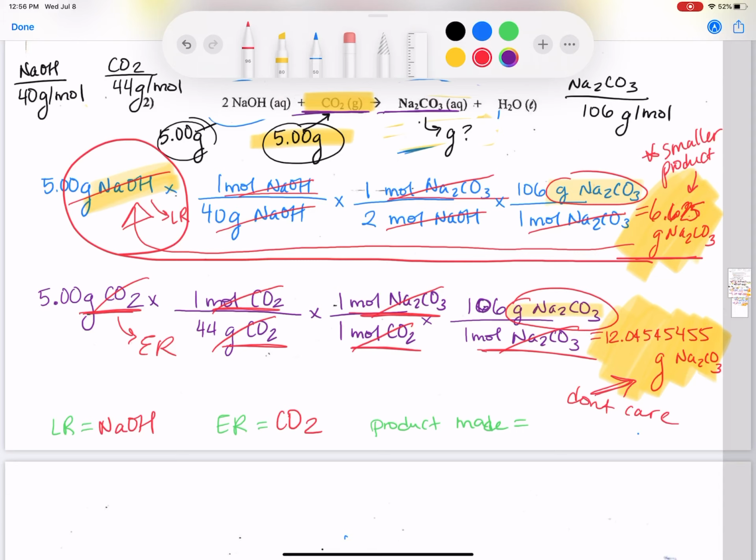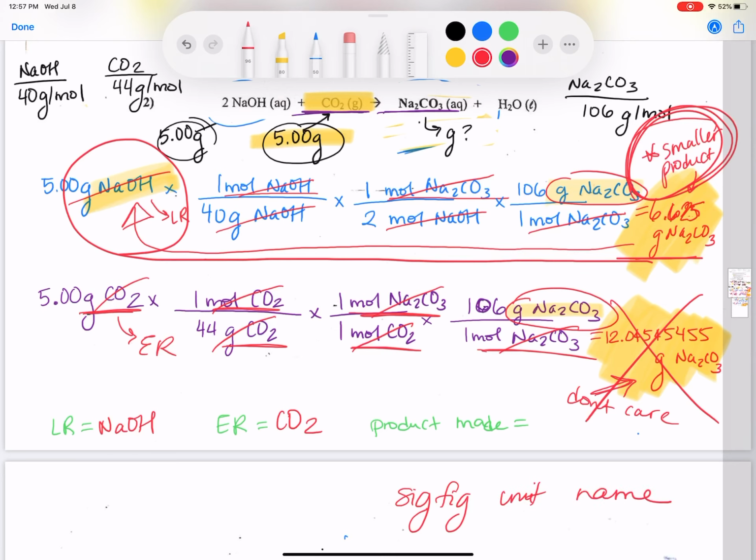How much product did you make? Well, it's not going to be this value. It's always the smaller product produced. So now this is where I need to make sure that I'm dealing with correct sig figs, a unit, and a name.